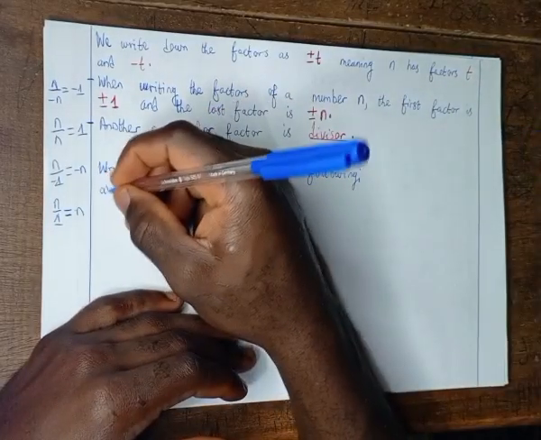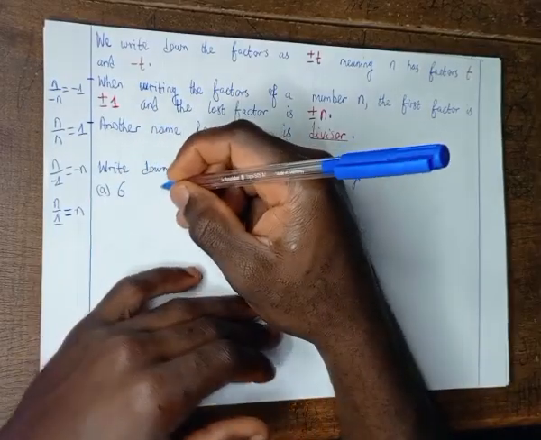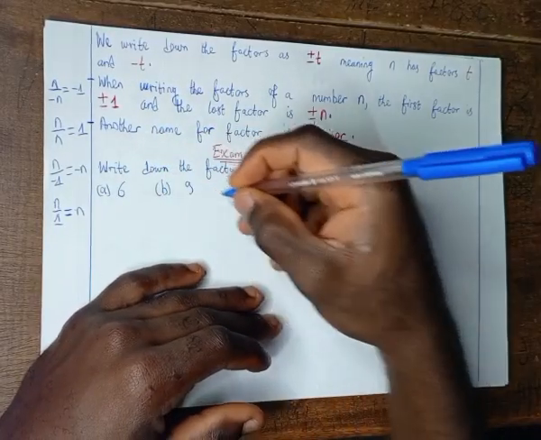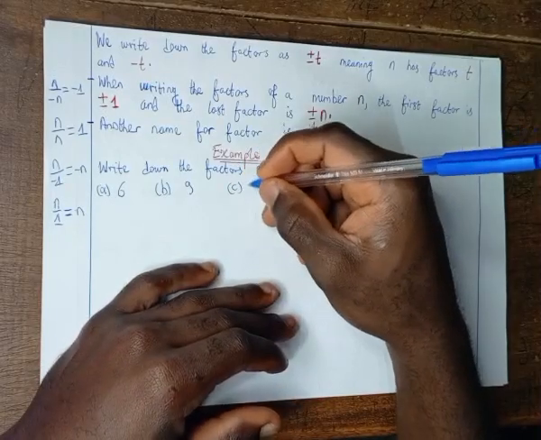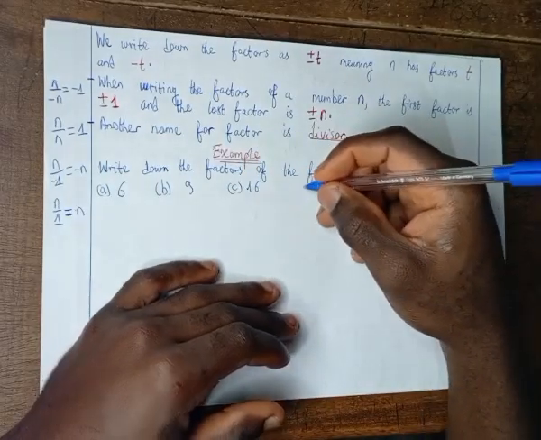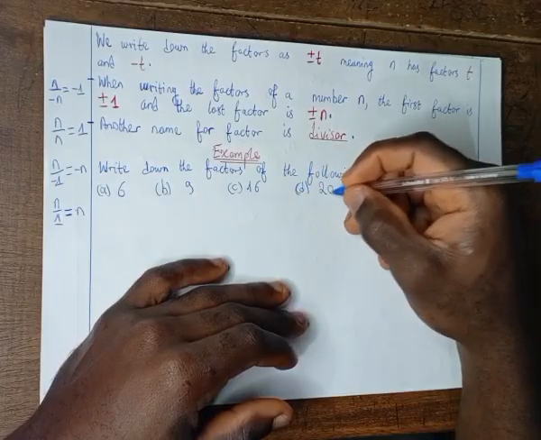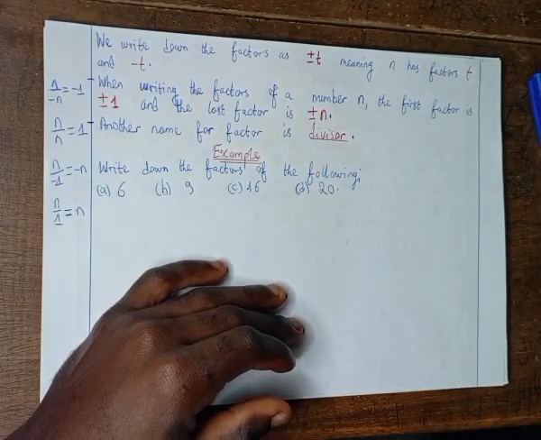We have A, 6, B, we have 9, C, we have 16, and lastly D, we have 20. Let's take down the solution.